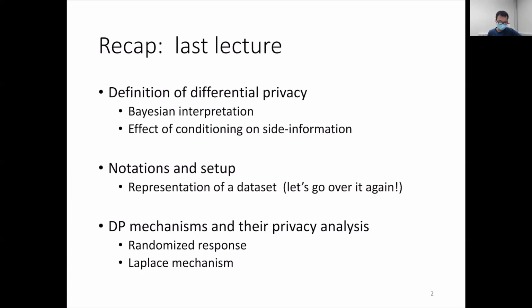And we set up the notation: how do we represent the data set, and how do we measure the distance between two data sets through the L1 distance in the histogram representation of a data set?